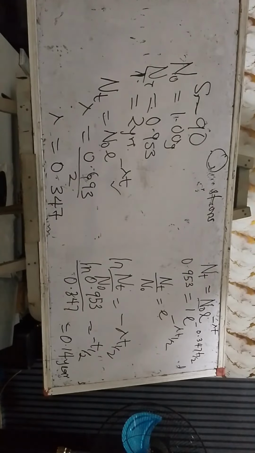A 0.04 molar solution of niacin. Niacin is spelled N-i-a-c-i-n. And the chemical formula of niacin is C5H4NCOOH.